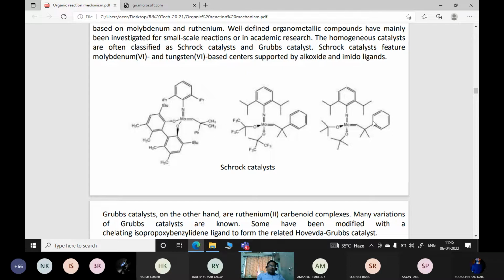He also developed three compounds. But nowadays, if you have more interest in these reactions, so many catalysts have been developed based on molybdenum as advanced catalysts for the same purpose. Here this is the tertiary butoxide instead of the same substituent that was taken, and these three catalysts are also used.